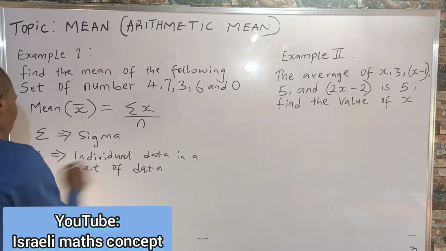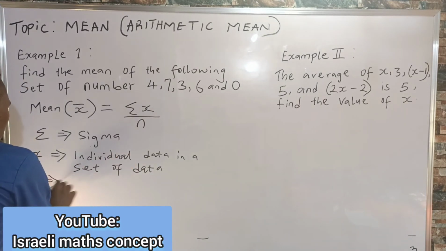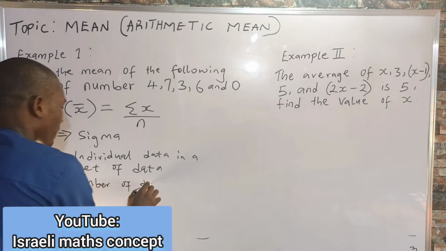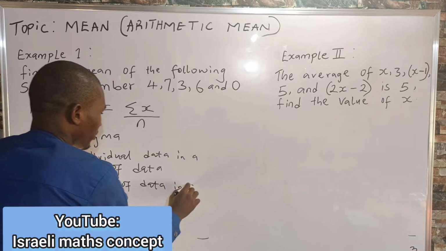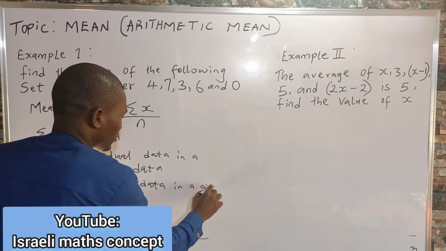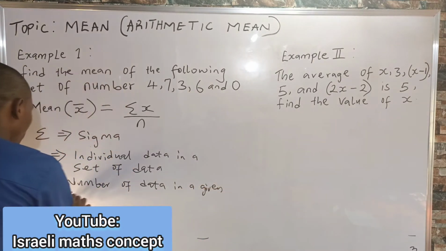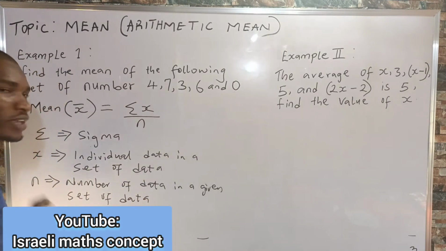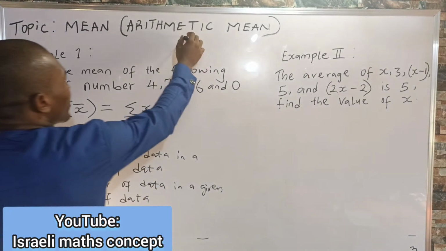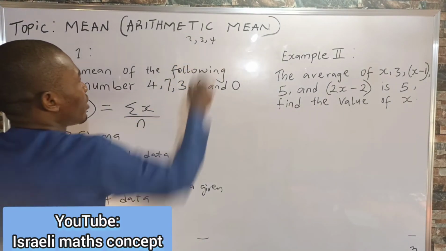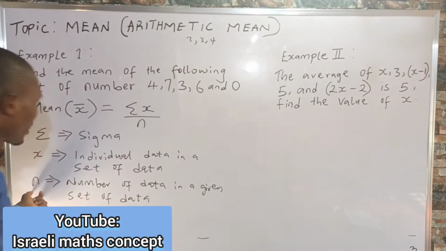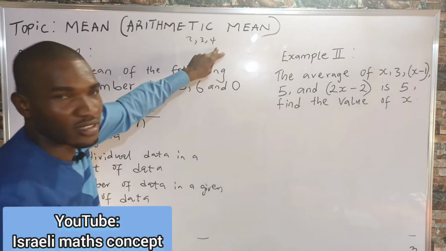Then the n simply means the number of data in a given set of data. That is the meaning of the n, the number of data in a given set of data. If we have something like 2, 3, 4, and these are data, and I want to know my n, how many are these data? 1, 2, 3.